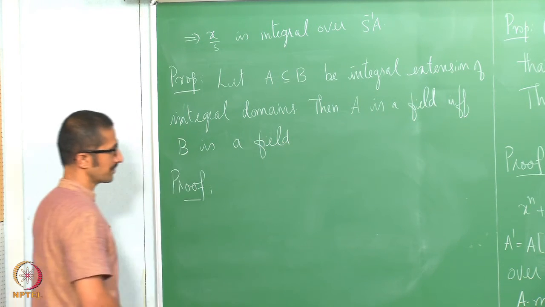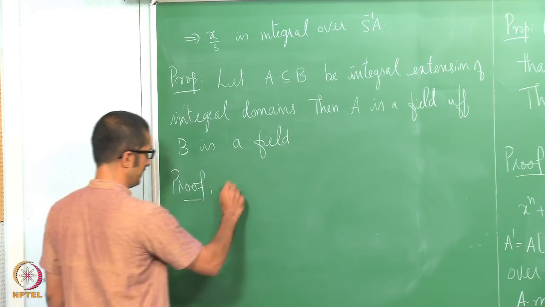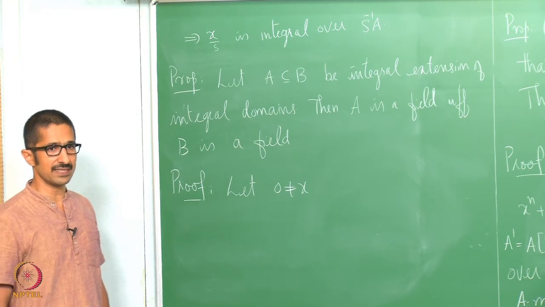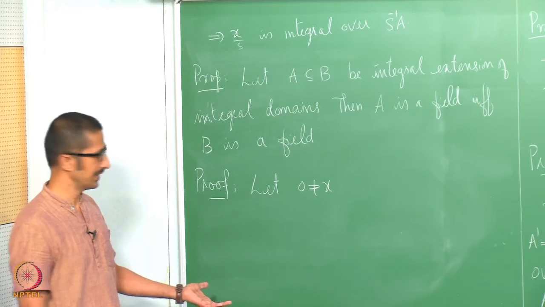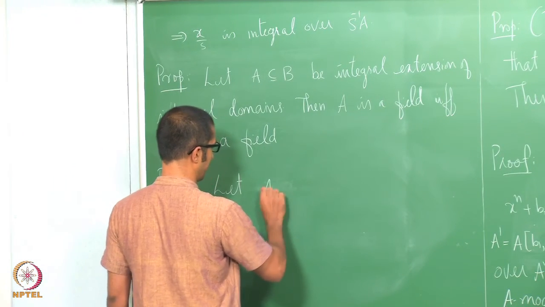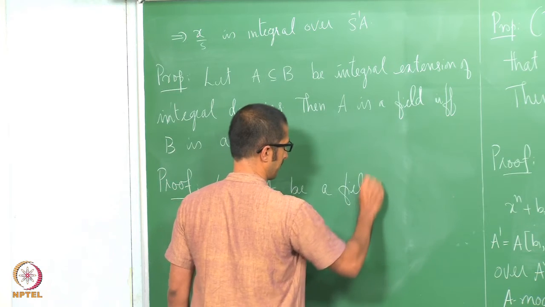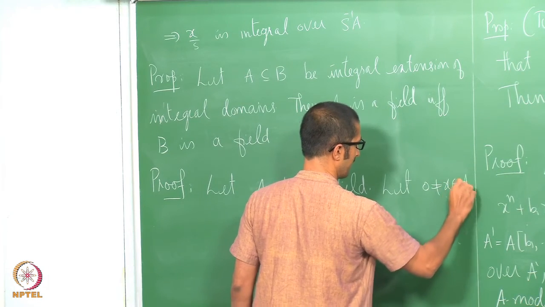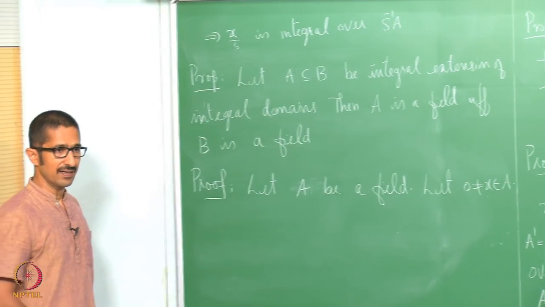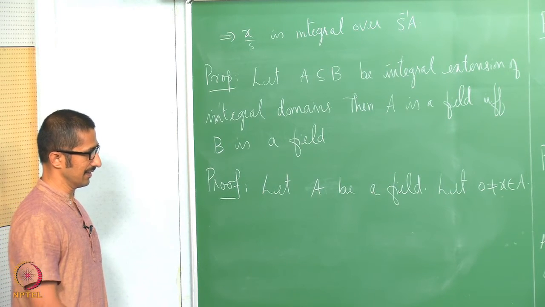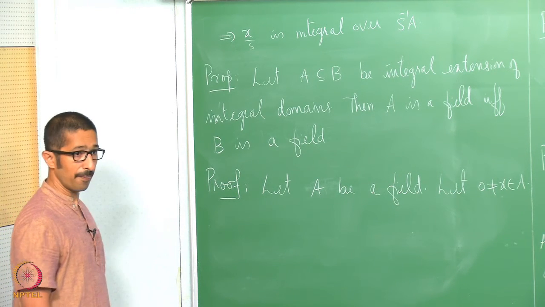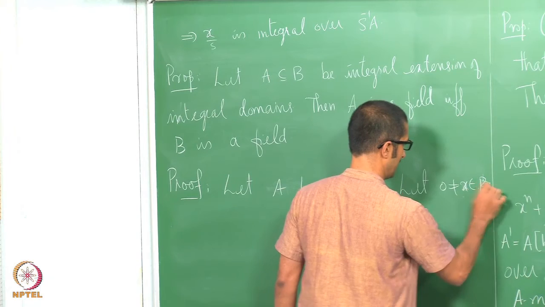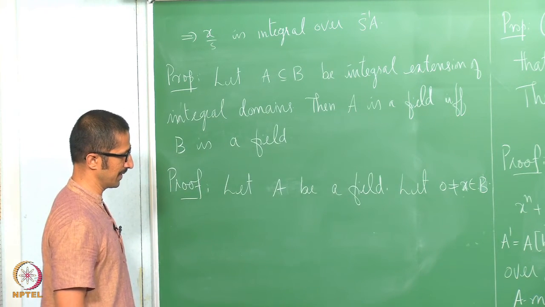It is easy to prove. See, in each case what we need to prove is that there exists a multiplicative inverse. So, let us start with: let A be a field. I start with a non-zero element in B, and I want to say that it has a multiplicative inverse.